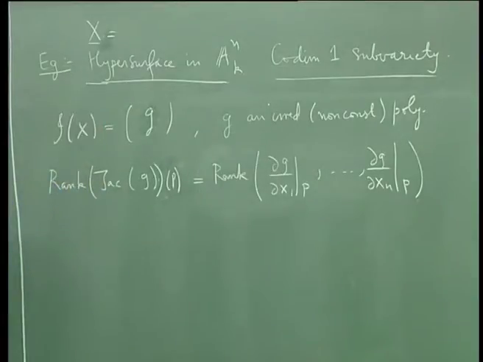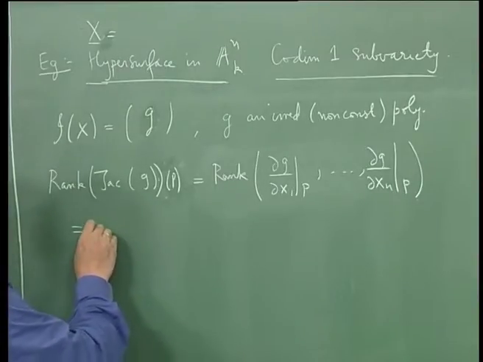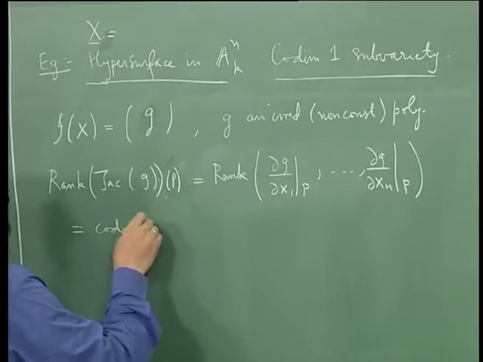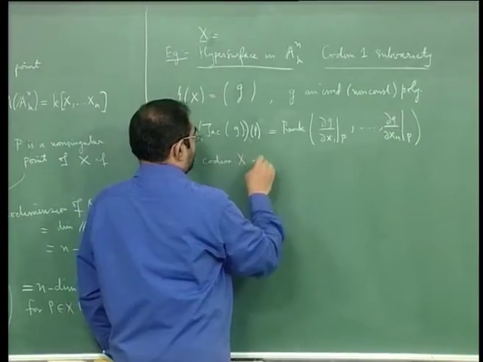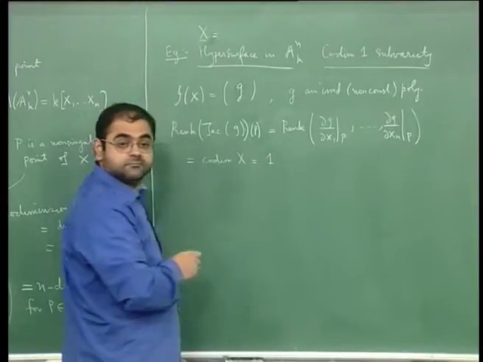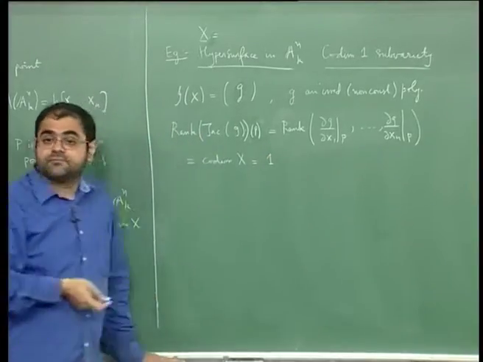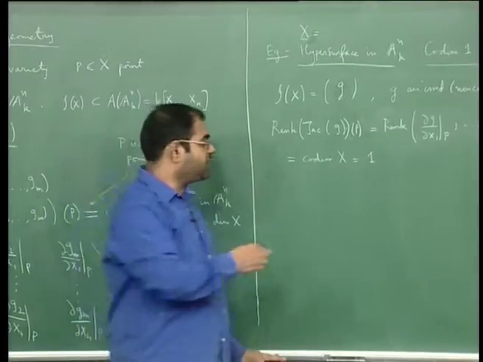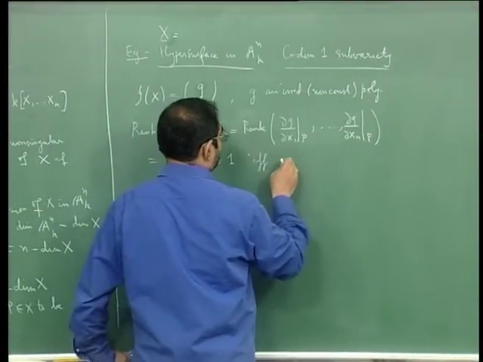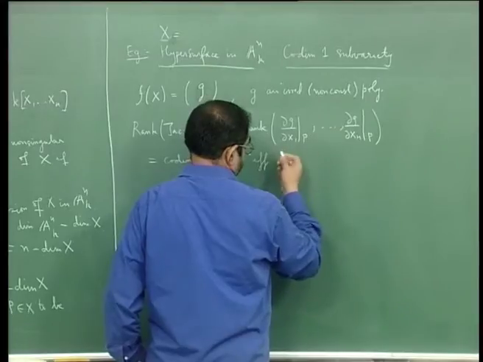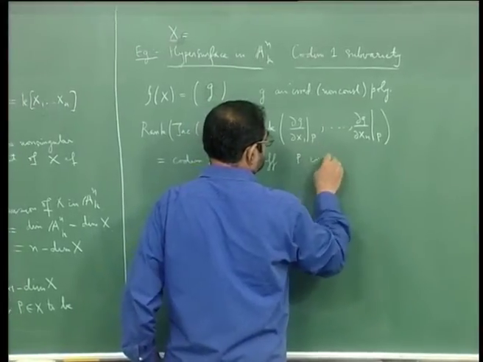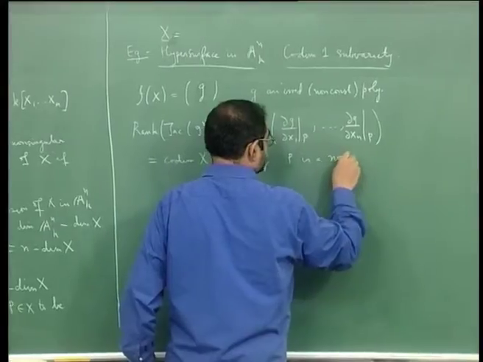So you are just looking at all the first partial derivatives of that polynomial and evaluating them at the point P, and this is equal to the codimension of X, which is 1 because X is a hypersurface, if and only if P is a non-singular point of X.